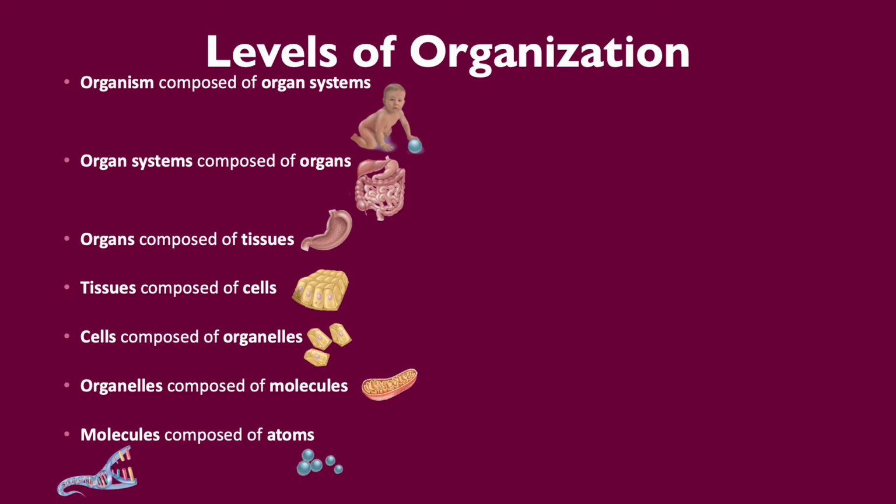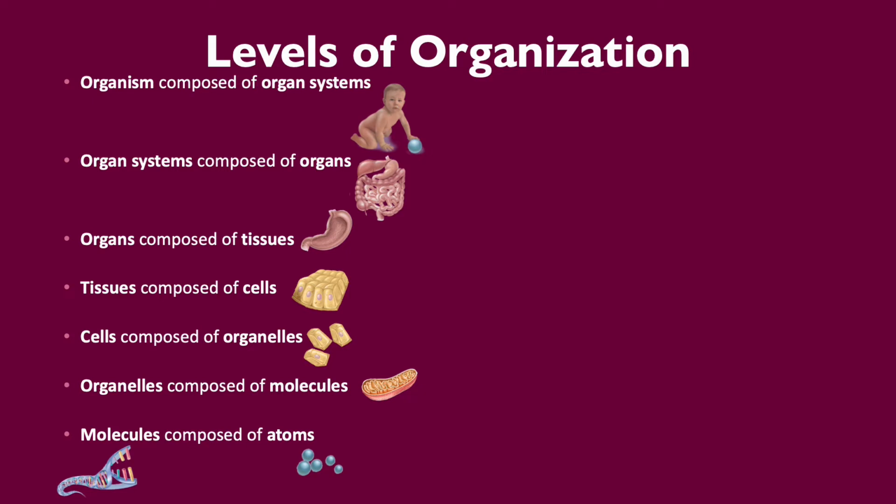Your organs are composed of tissues, and the tissues are composed of cells. Your cells are composed of organelles. Your organelles are composed of molecules. Your molecules are composed of atoms.